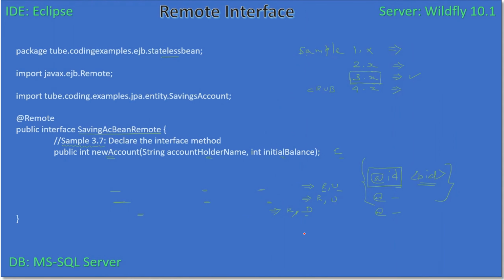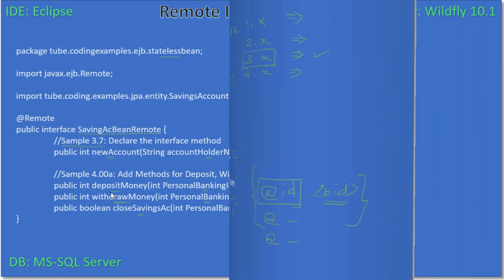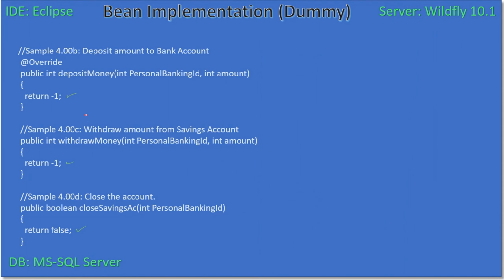In the previous video, we created remote interface methods. We declared 3 methods. This one is a part of a previous subseries. For this subseries, we declared 3 methods. Then we provided a dummy implementation.